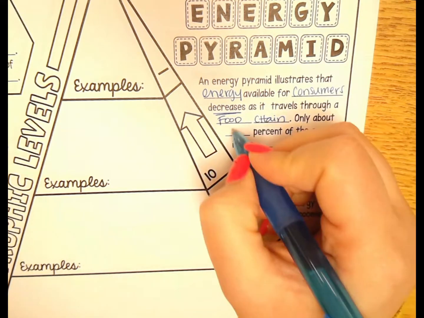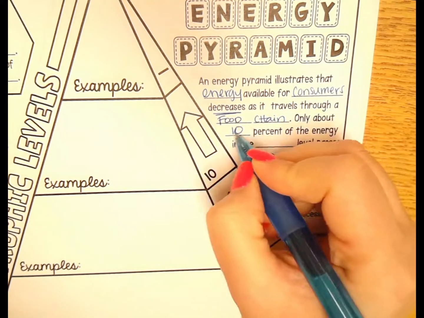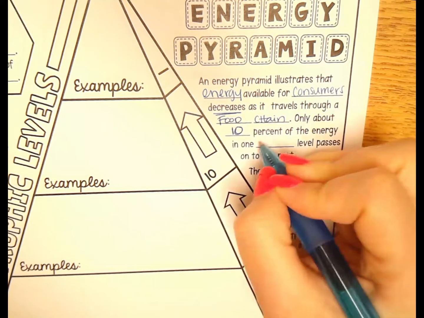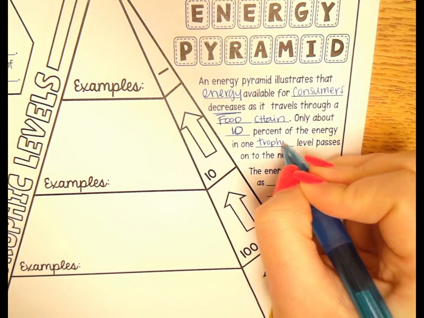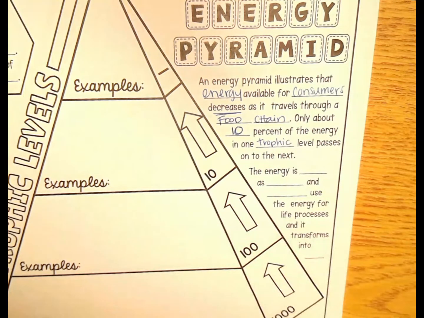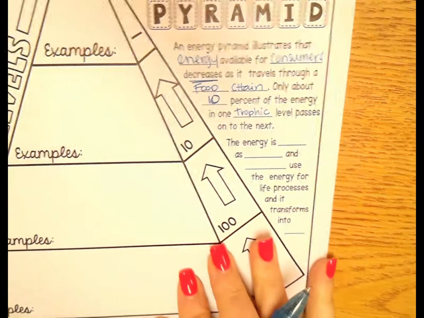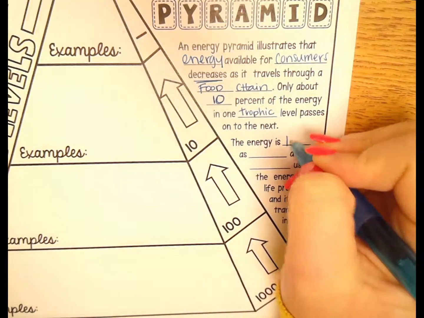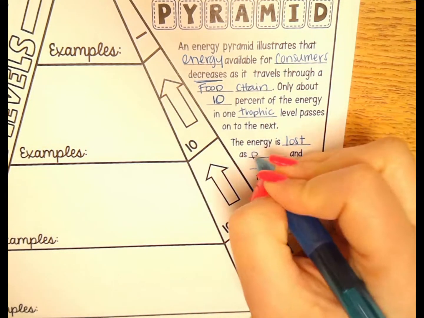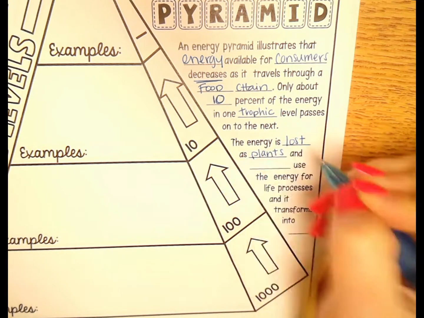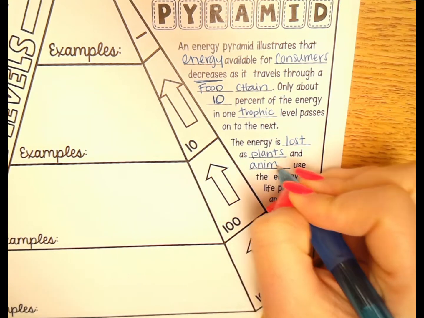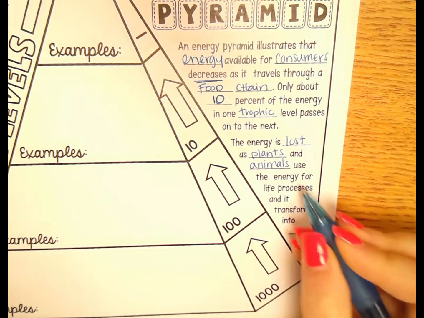Only about 10% of the energy in one trophic level passes on to the next. And that's because the energy is lost. It's used as plants and animals use that energy for life processes.